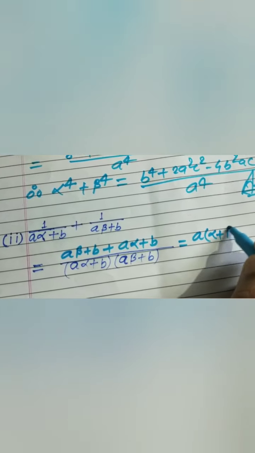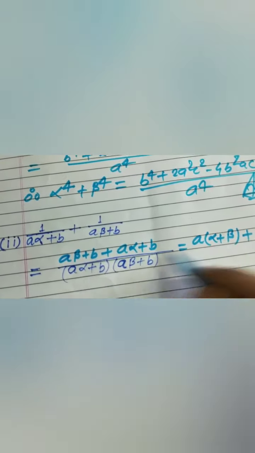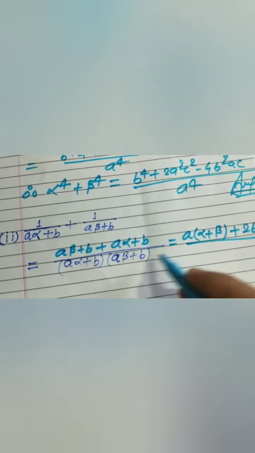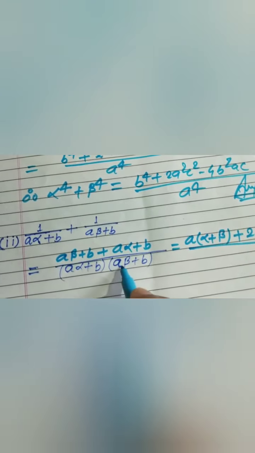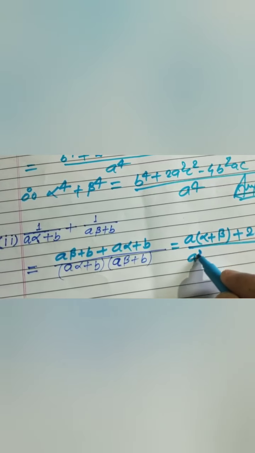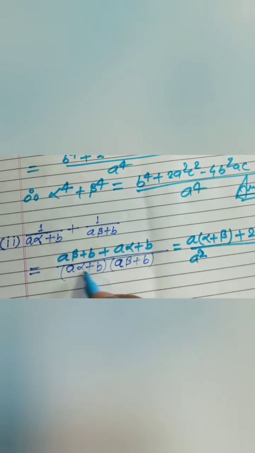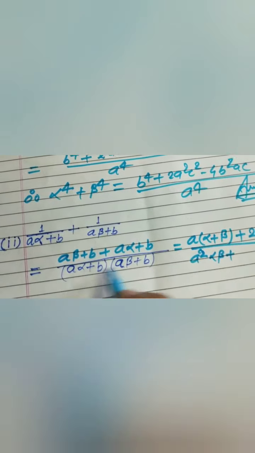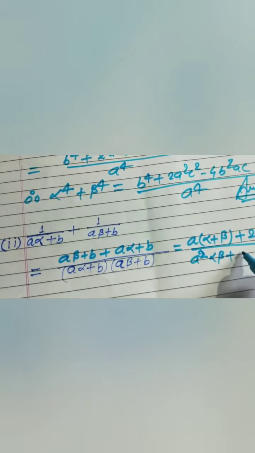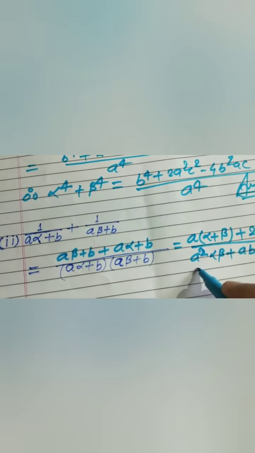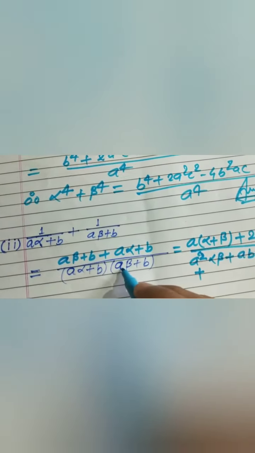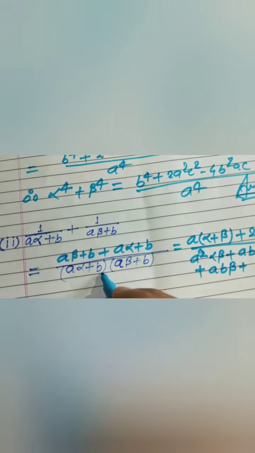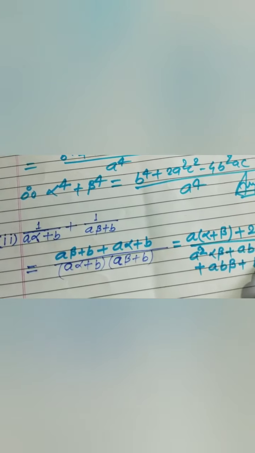We remain with alpha plus beta, and B plus B will be 2B upon. Now multiply it. A multiplied by A will be A square, and alpha multiplied by beta will be alpha beta, plus A alpha multiplied by B will be A B alpha, plus B multiplied by A beta will be A B beta, plus B multiplied by B will be B square.